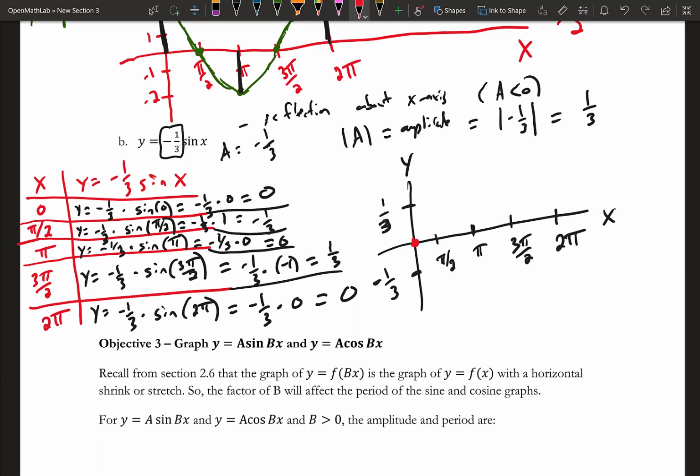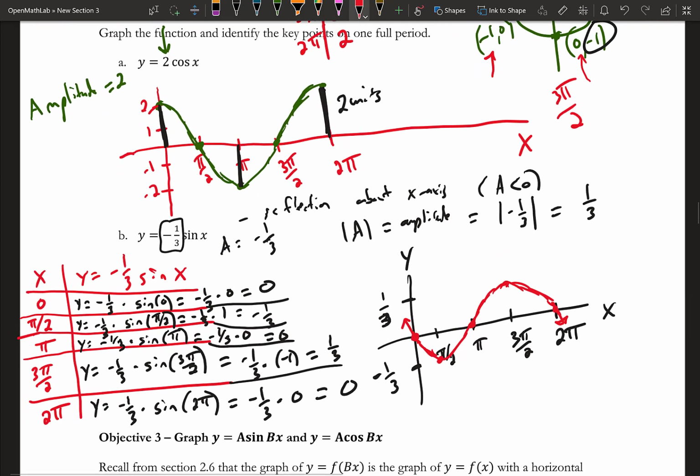So we have 0, 0, pi over 2, negative 1/3, pi, 0, 3 pi over 2, 1/3, and then 2 pi's back at 0. And then if I just draw in the curve, we get this graph, right?